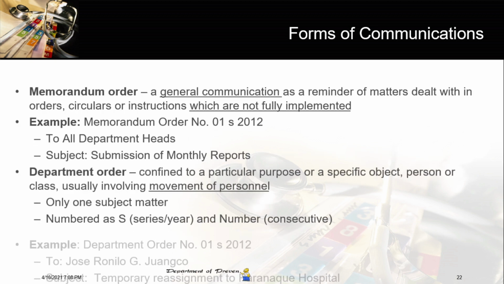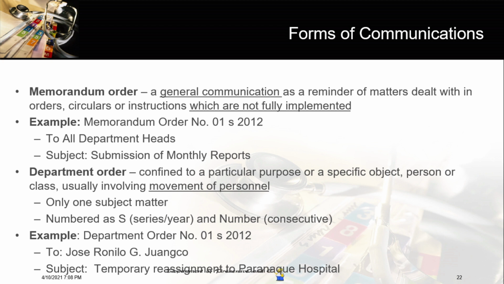This is a general communication as a reminder of matters dealt with in orders, circulars, or instructions which are not fully implemented. Example is the submission of monthly reports. Department order. It's confined to a particular purpose or a specific object, person, or class, usually involving movement of personnel. An example of which is the temporary reassignment to Parañaque Hospital of a specific person.